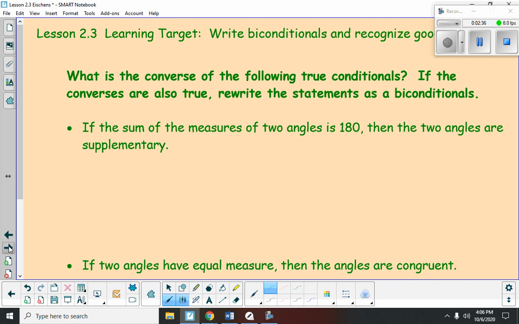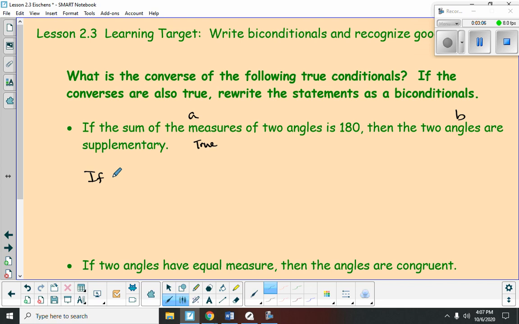Okay, so what is the converse of the following true conditionals? If the converses are also true, write the statements as biconditionals. So this one says, if the sum of the measures of two angles is 180, then the two angles are supplementary. Well, is that true? Yep, if the sum is 180, then they're supplementary, so that would be true. Okay, that's a conditional. Now we'll do the converse.